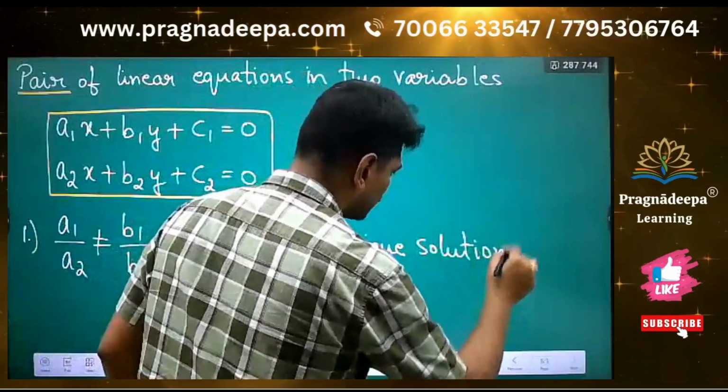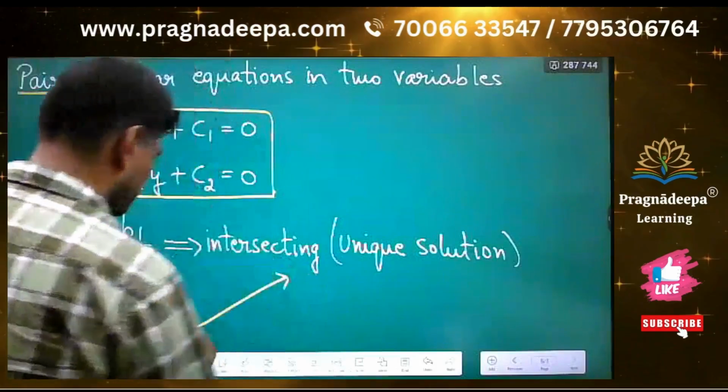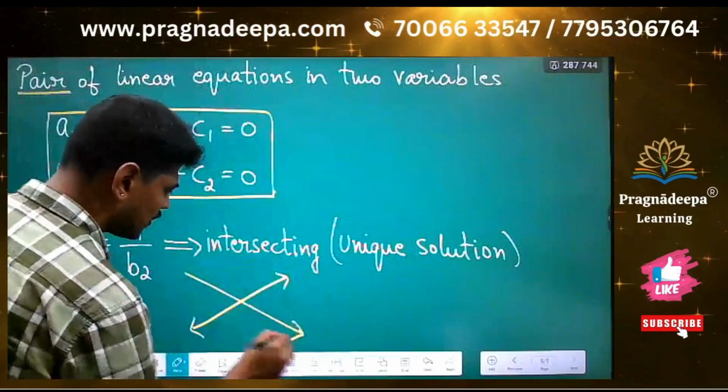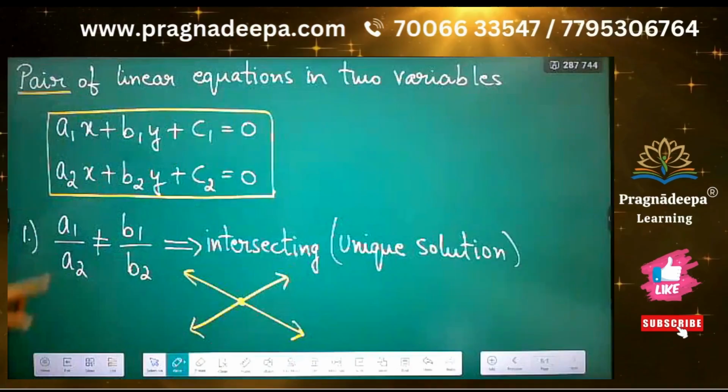Unique solution means you will get only one value of x and one value of y. It's a pair solution. Pair means x comma y together is called a solution. If you plot, you will get two lines crossing. This is line 1 and this is line 2, and the point where they intersect is the solution x and y.